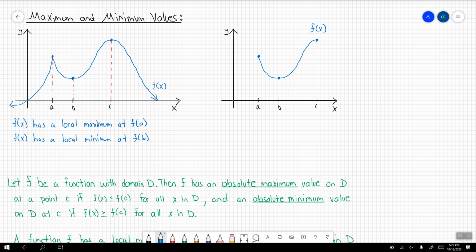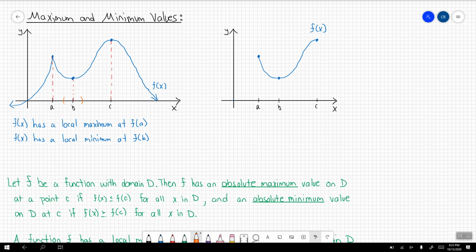And again, if we were to build an interval around this value for b, then the outputs for that function would produce the smallest value of f of b within that interval. Now again, it doesn't have to be the lowest point of the whole function, it just needs to be a minimal point within some interval. And that's what we call a local maximum or a local minimum in this case.